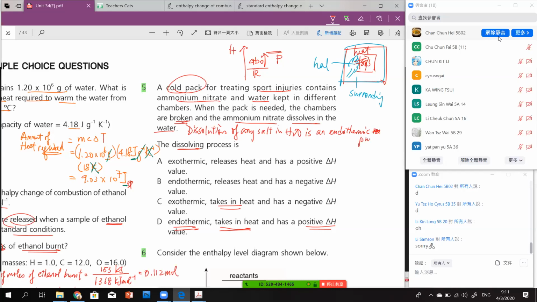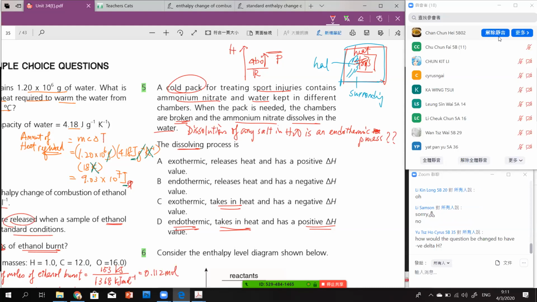It's not reaction, it's an endothermic process. Agree? No? Counter example, please. So that is what the question is asking, right?